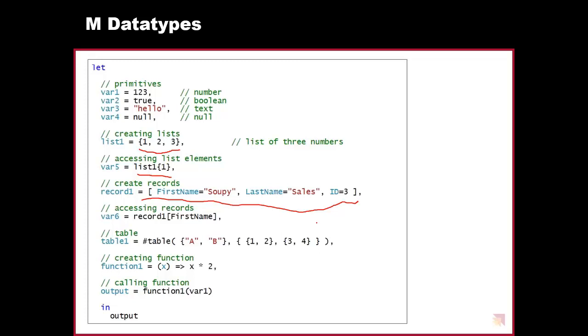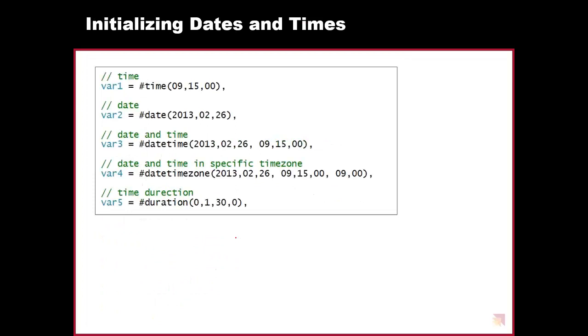And then, of course, since we have lists and records, why not a list of records? And then you're able to pull things out of a single value. So once again, here's the access. If you have a record and you want to pull out a column value, you use the square bracket inside there.